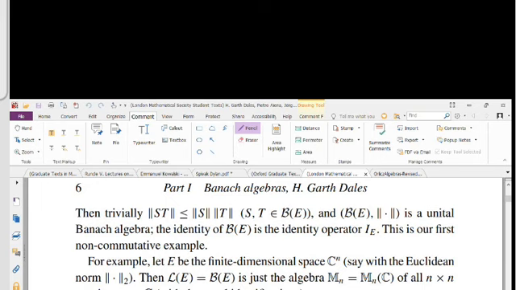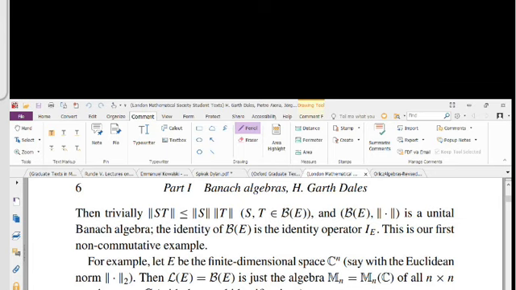For example, let E be the finite dimensional space C^n. We know that any finite dimensional vector space over the complex numbers is isomorphic to C^n, say with the Euclidean norm. Then L(E) equals B(E): any linear map is bounded, or continuous.